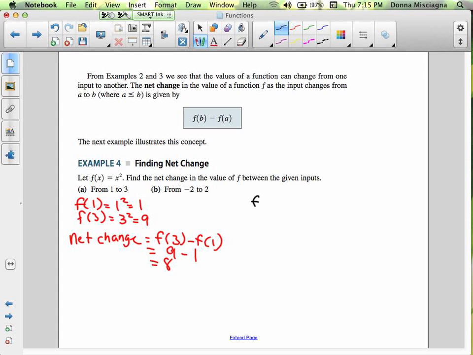So f of negative 2 is negative 2 squared, or 4. F of 2 is 2 squared, or 4.